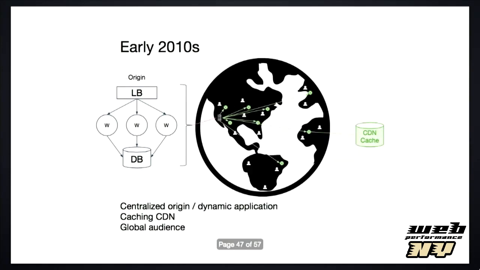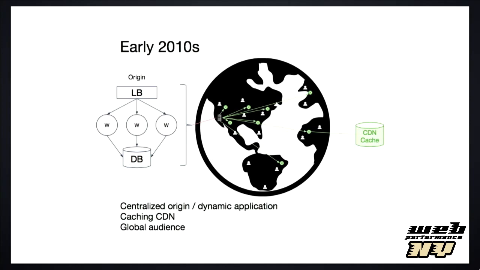What we started to see, actually more like 9, 10 years ago, was that we were trying to improve performance for a more distributed set of users. So we might have the same core infrastructure in what we now call an origin, your core application infrastructure: load balancer, web heads, database, maybe a little bigger.